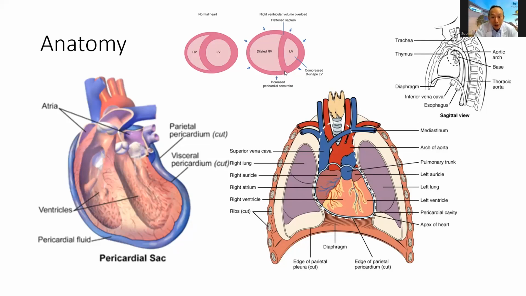Like in this picture here, you see a dilated RV pushing against the LV. If your LV is pushed, you will have difficulty filling it up. And if you cannot fill up the ventricle well, the Frank-Starling law tells you that you can't have a good cardiac output from it. So with this basic understanding, anything that happens within this confined space will affect each other.